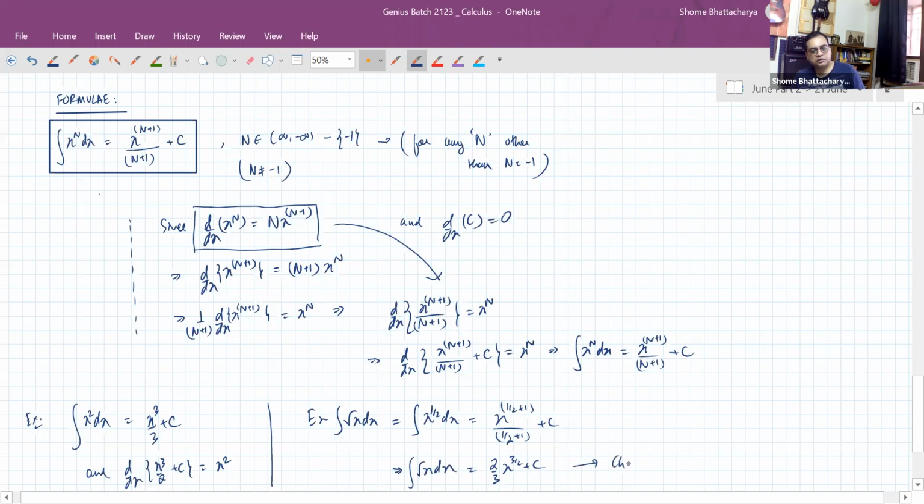Now you can check here that differentiation of 2 by 3 x to the power 3 by 2 should give us root x. So it's basically a very simple thing. It's the reverse operation of differentiation. But because differentiation of a constant is 0, this reverse operation does not result in a specifically defined antiderivative, but more like a general family of functions which has that constant term which is indefinite.